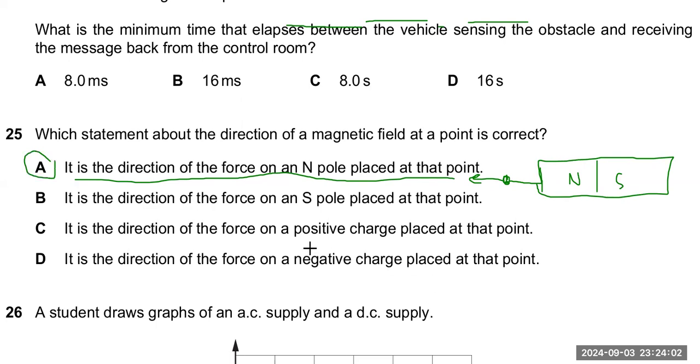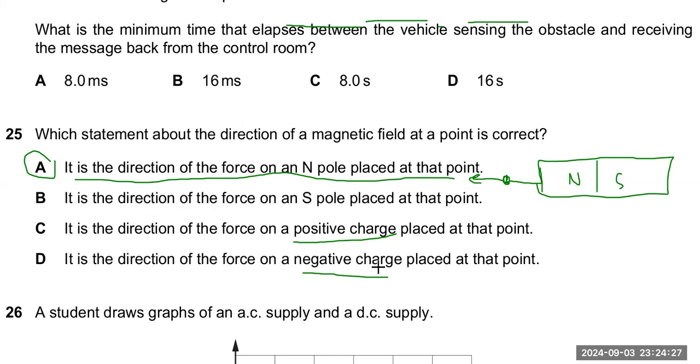If you look at option C, they have mentioned positive charge and negative charge. There is a magnetic field, and there is no relationship with charges here. It means the magnetic force does not have any effect on the positive charge and negative charge.